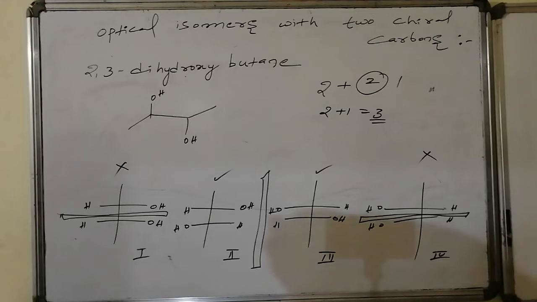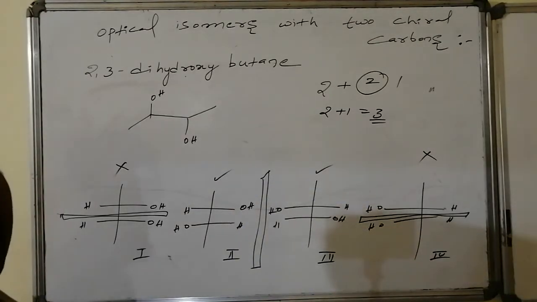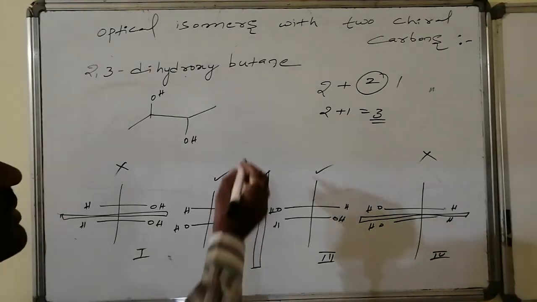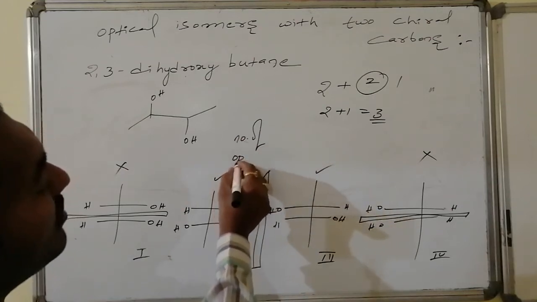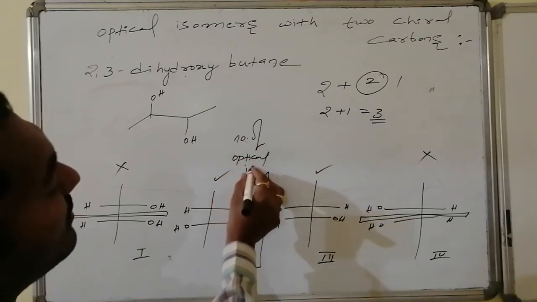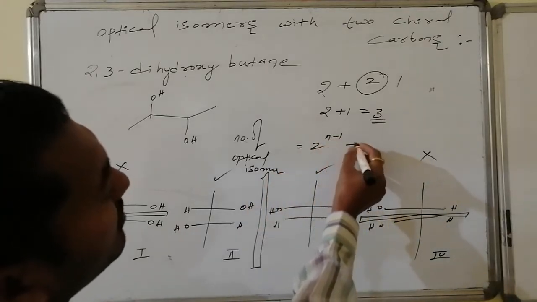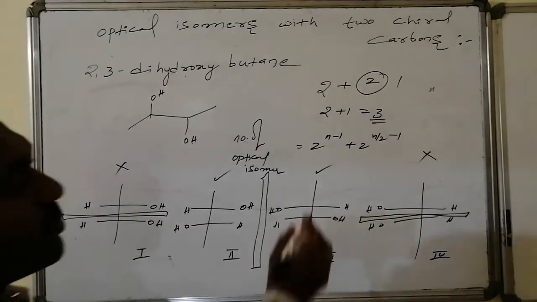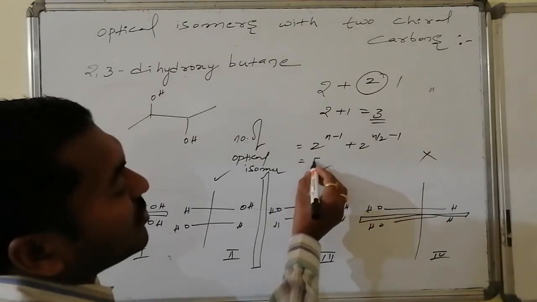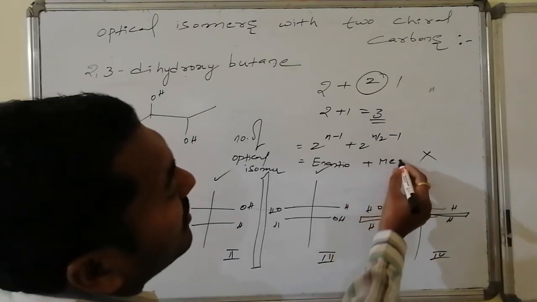Thus, the formula used for the calculation of the number of optical isomers, followed by the total number of optically active isomers and inactive isomers, is as follows. The number of optical isomers can be given by 2 power n minus 1 plus 2 power n by 2 minus 1, where 2 power n minus 1 is the number of enantiomers, whereas 2 power n by 2 minus 1 is the number of meso compounds.